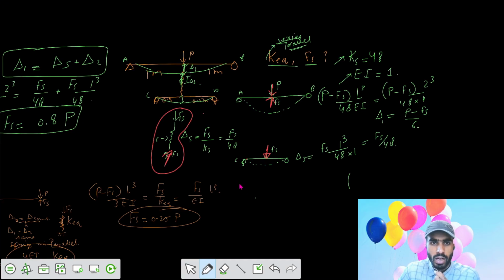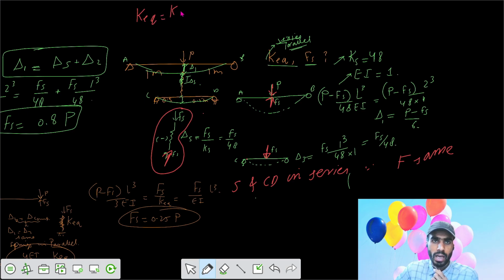That means the spring and CD are in series because the force is the same. If both are in series, we can add the two: k equivalent equals k spring times k bar, divided by k bar plus k spring, that is k1 k2 over k1 plus k2.